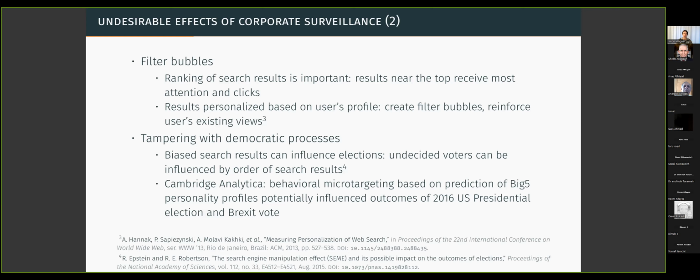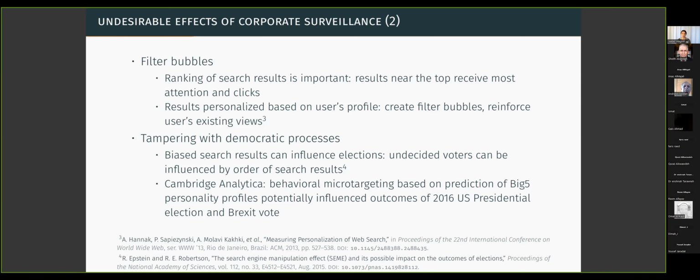But we know that the ranking of search results is really important. Those results near the top receive almost all of the clicks, and even those at the bottom of the first result page receive very few clicks. So if those results are now personalized based on a user's profile, it could be the case that those results that reinforce a user's existing views, maybe existing political views, are always at the top. So they never get to see perspectives from the other side, so to speak.